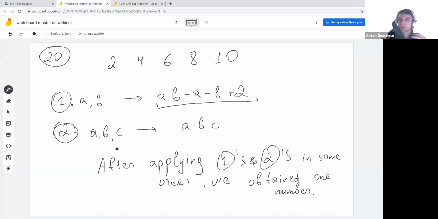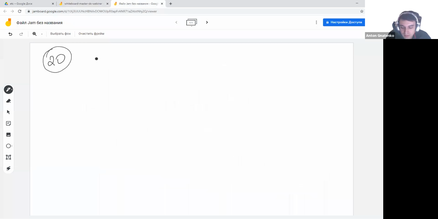We are told that some sequence of operations was performed and that one number remained, and we are asked what can be the smallest possible value. So to answer this problem, it is maybe useful to do some research about these two operations and about their properties. So I'll try to do this research now. Let's consider the first operation first. This operation takes two numbers, I will rewrite it here, and produces another number of this form.